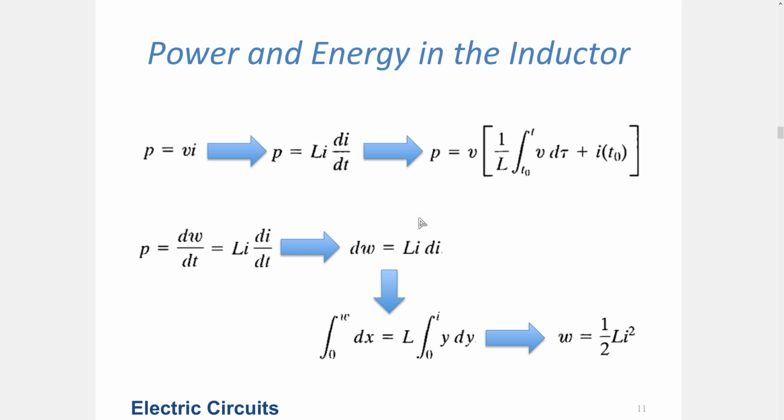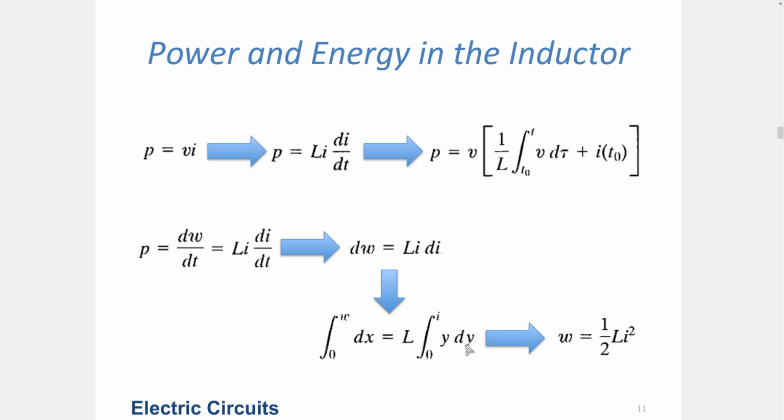Now, if I integrate both sides, I can get rid of the differential operator and obtain the work function, or the energy relationship, for the inductor. So from 0 to W, where x is the dummy integration variable, equals L times the integral from 0 to i of y dy. Again, here y is the dummy integration variable.